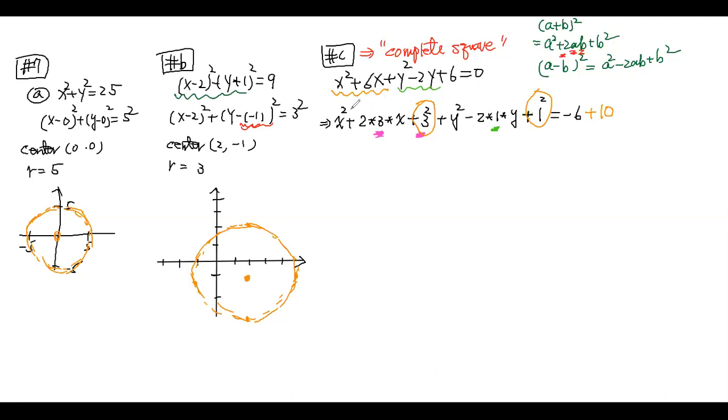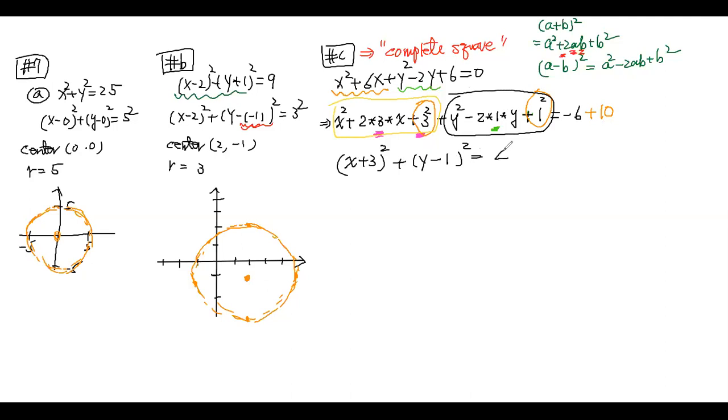So now if you take a look at all these terms here, this is a complete square. So this is x plus what? This is x plus 3 to the square. So the same thing here. This is minus, so this is plus y minus 1 to the square.